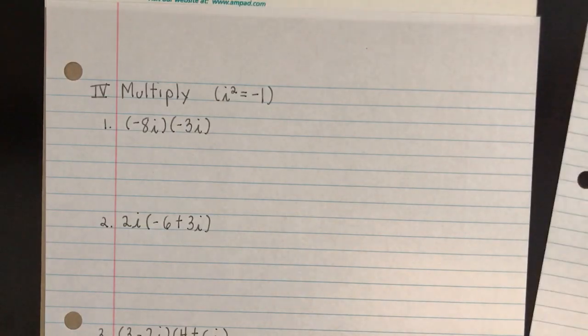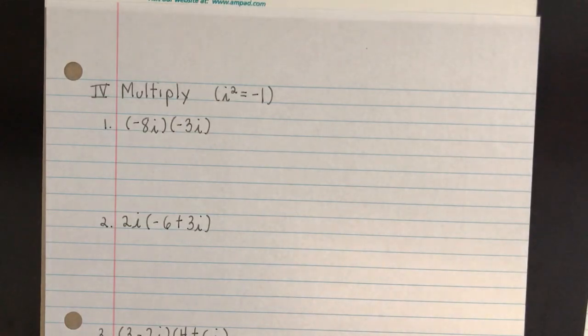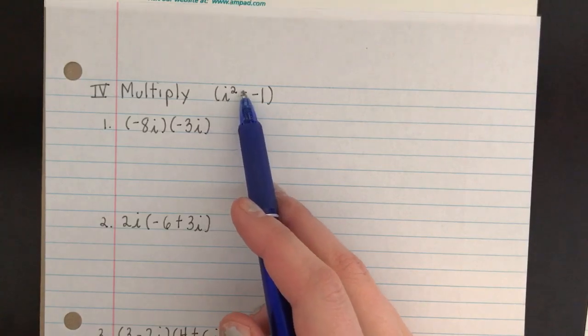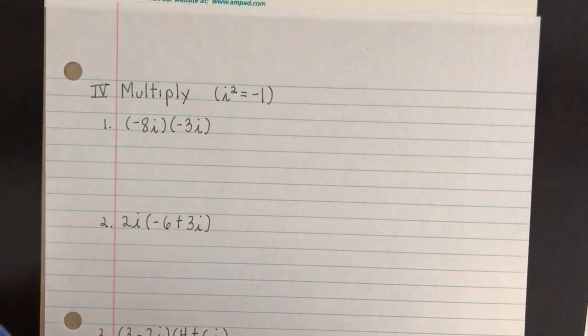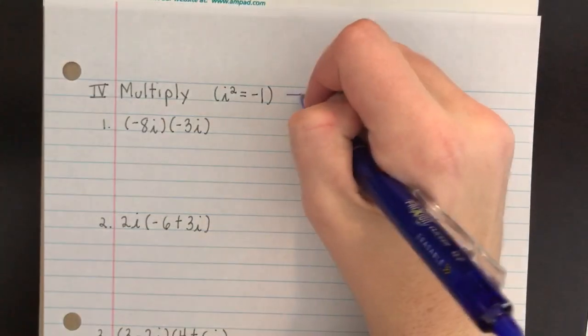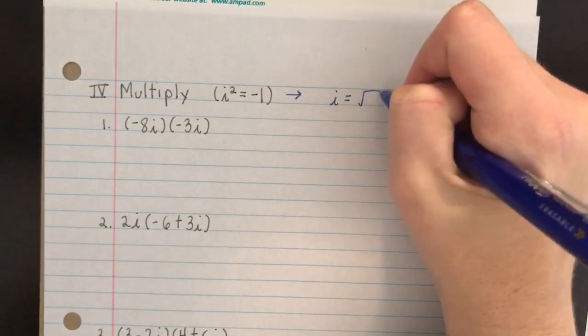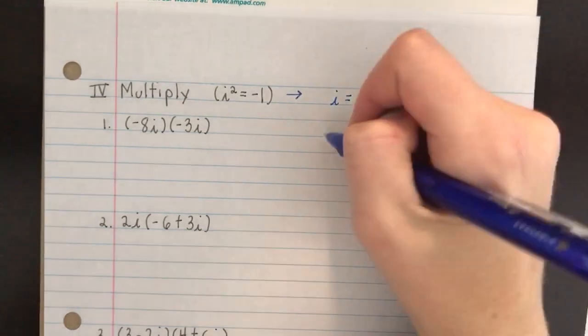All right, so part 4, multiply. When you're multiplying, you multiply very similar to the way you do with x's, except there's one small thing that you need to know about multiplication. When you multiply, remember that i squared equals -1. I want you to think about this: i is equal to the square root of -1.